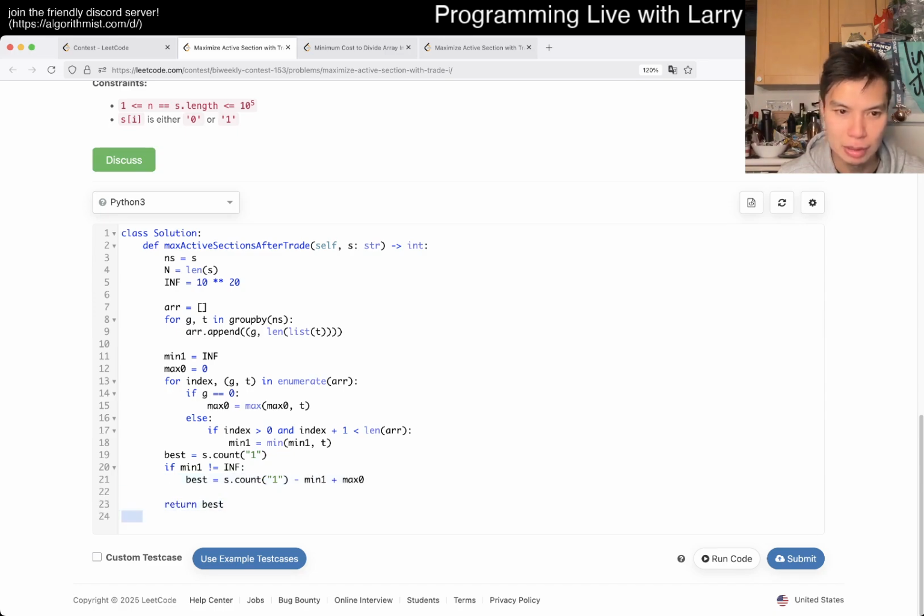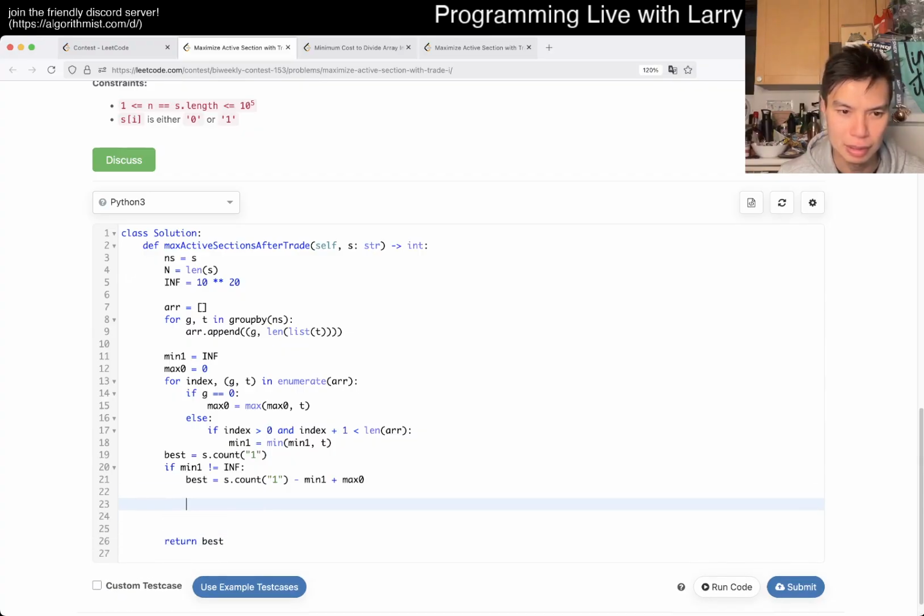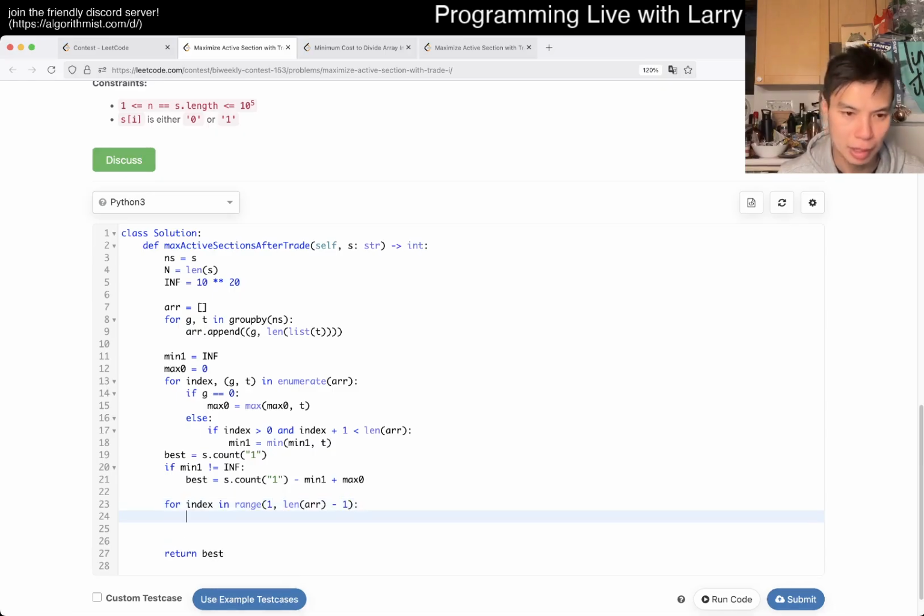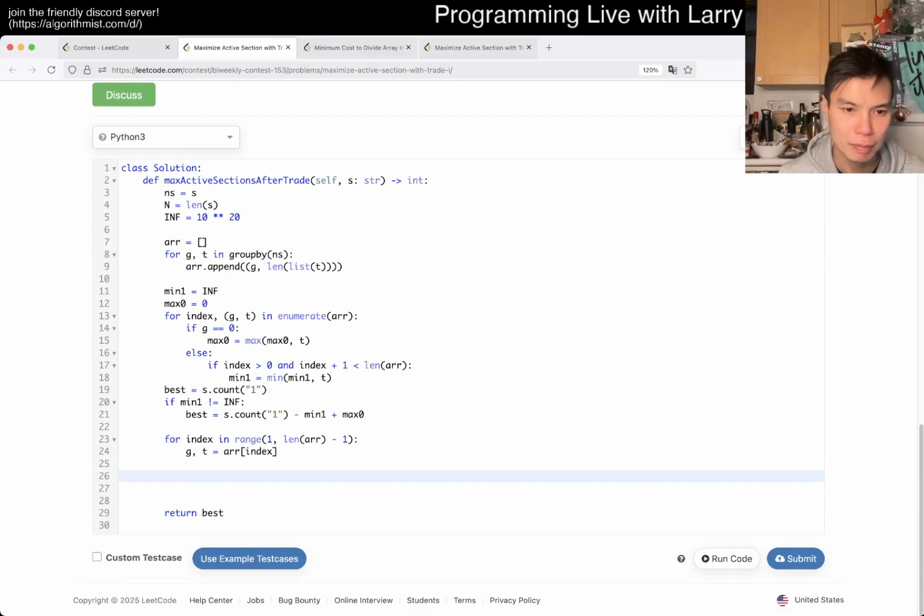The other is same idea, I guess, actually. Just do it in this way. Start with the last. Skip the last two elements. Okay. Then here, if G is equal to 1, also these are strings.